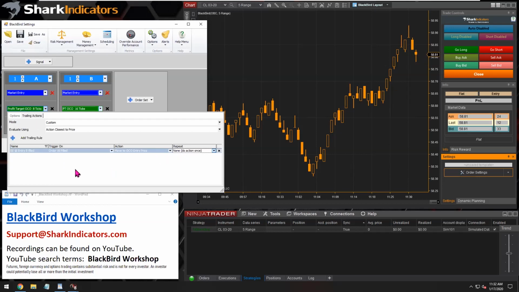The other thing that might repeat is, let's say you're using a limit entry order and you're having your entry order follow some kind of moving average. You want your entry order to constantly trail up as the moving average trails up. That would be a repeating trailing rule as well.